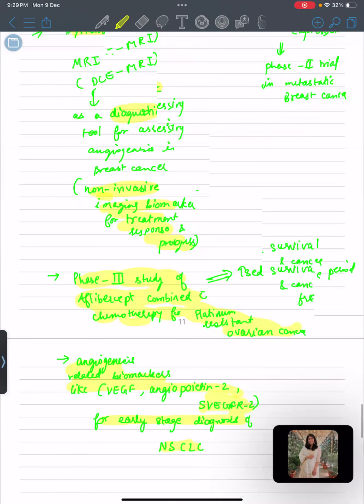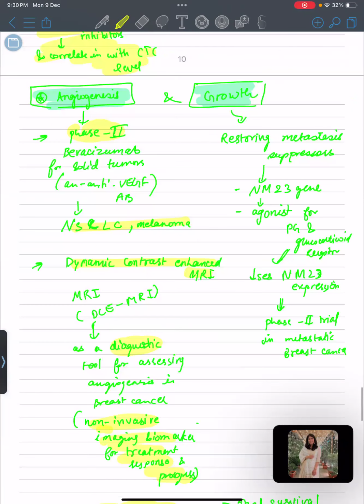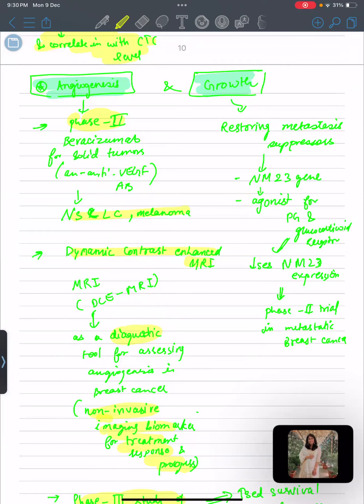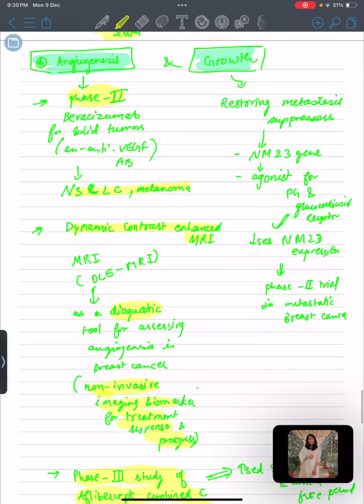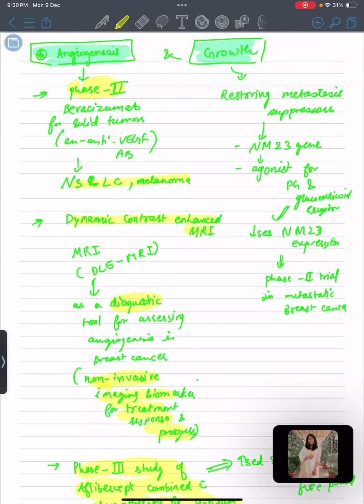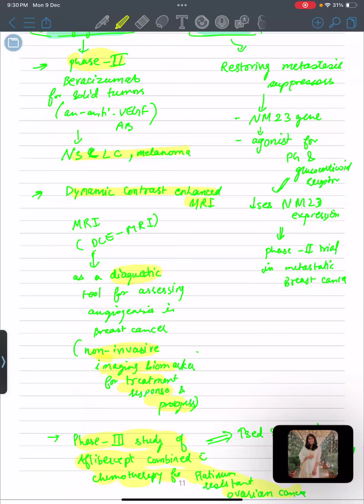Then metastatic growth is dependent on the metastasis suppressors. So if we restore the suppressors, that growth will decrease. One of the genes which regulates that is the NM23 gene, and agonists for progesterone and glucocorticoid receptors increase NM23 expression.